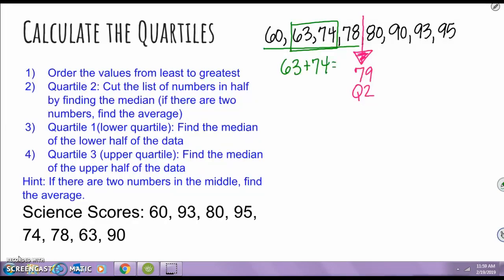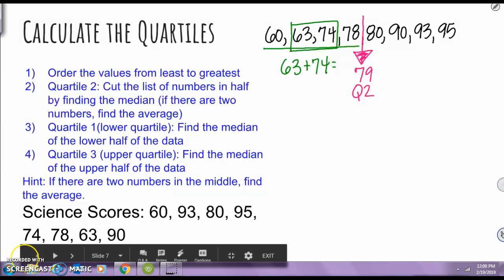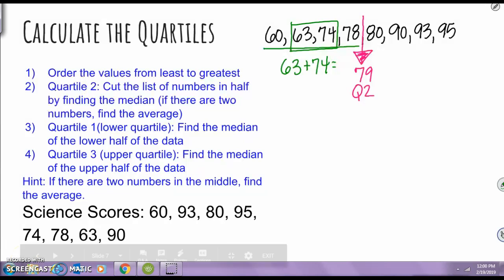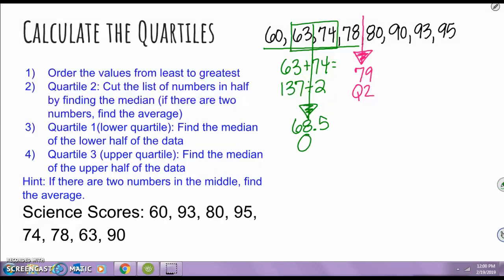We're going to calculate the average of these 2 numbers in order to determine what quartile 1, or lower quartile, is. When we add 63 plus 74, we get 137. We divide that number by 2, and that gives us quartile 1, which is 68 and 5/10.